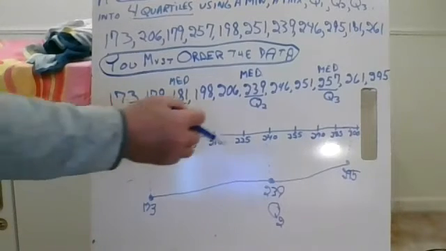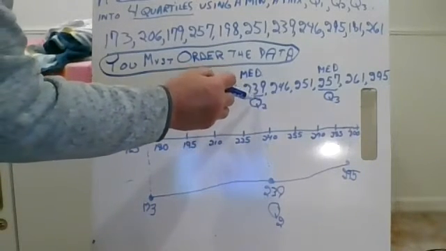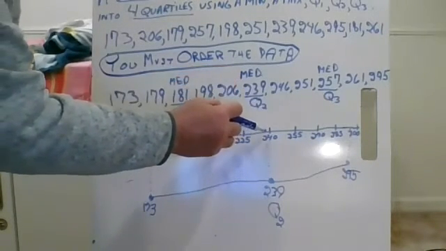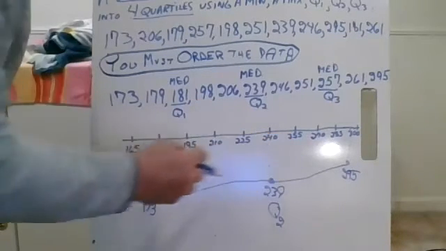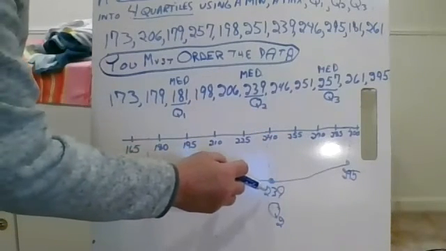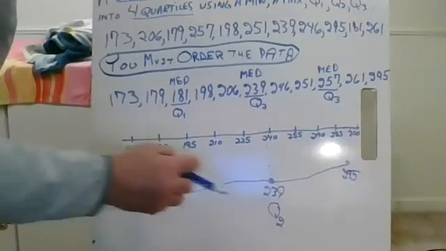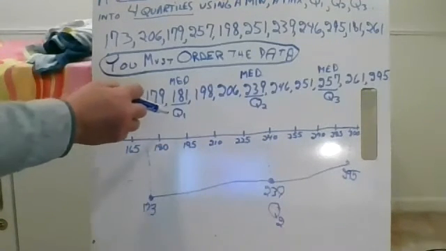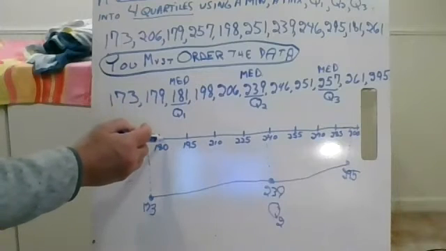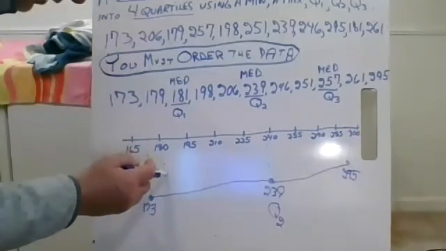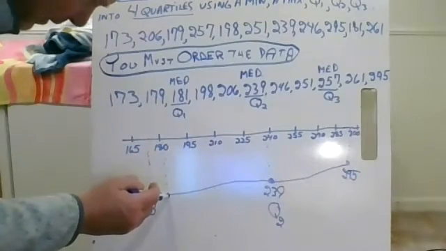Okay. So we went to the Q2, 239, drew it down, put the point on the line segment, wrote 239 and Q sub 2. Then we'll do Q sub 1, 181. Well, here's 180, so 181 is approximately here.